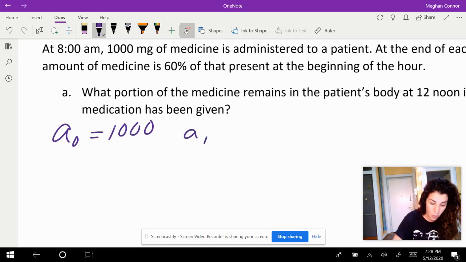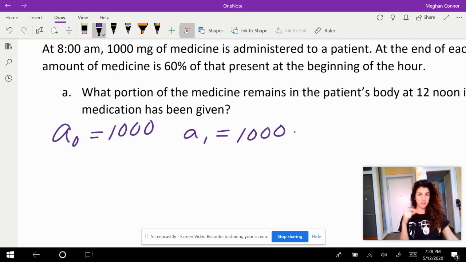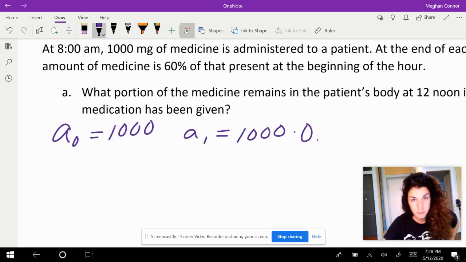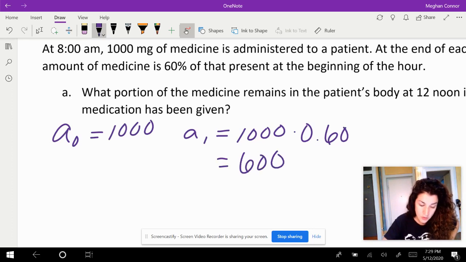Your A sub 1 is 1,000 times 60%. Remember that 60% as a decimal is 0.6, which will also be your common ratio. That gives 600, so that is your A sub 1.